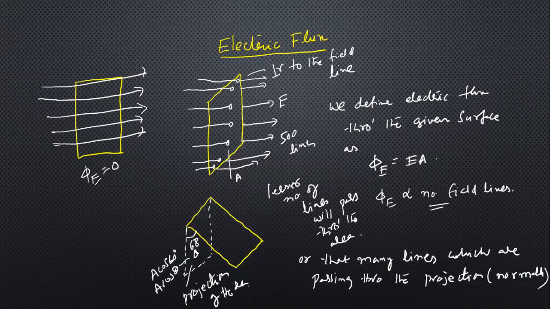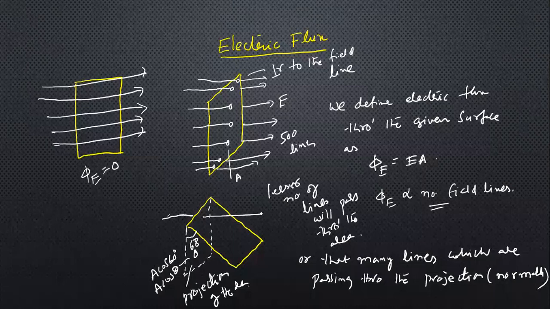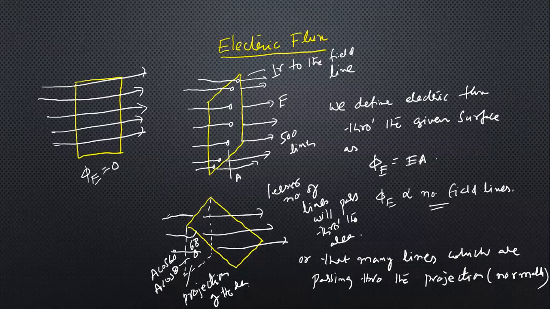So I'll just show only a few lines. Since it is half of the original area, A cos 60 is A by 2. So the flux will be A by 2 into E. Or in general, flux will be EA cos theta.